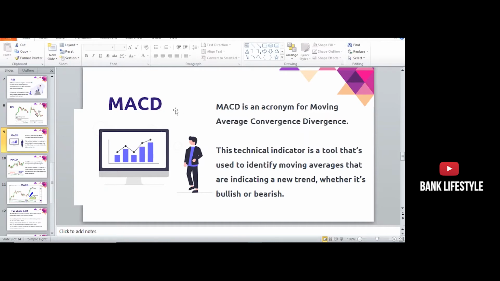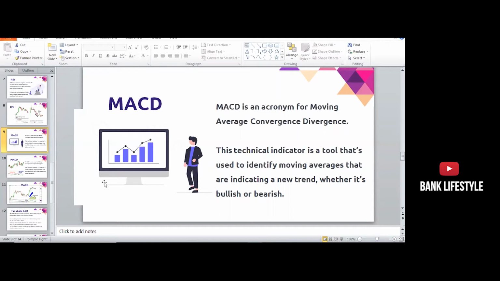The MACD is a term most traders like using, and the full meaning is the moving average convergence divergence. Moving average convergence divergence, and this indicator is a tool that is used to identify moving averages that are indicating a new trend in the markets, whether it's bullish or bearish.